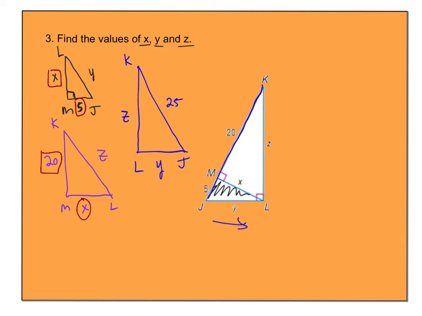This is exactly the same idea as before: these two got split into 20 and 5. Remember, the altitude is the geometric mean between 20 and 5. So X is the square root of 20 times 5, which is the square root of 100. So X is 10.